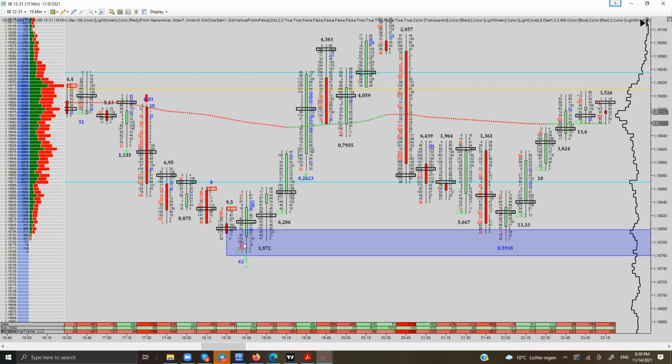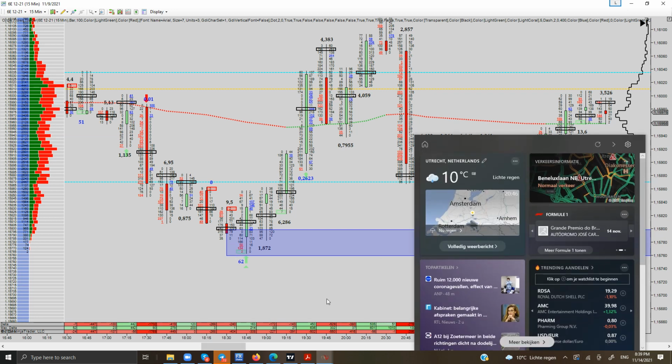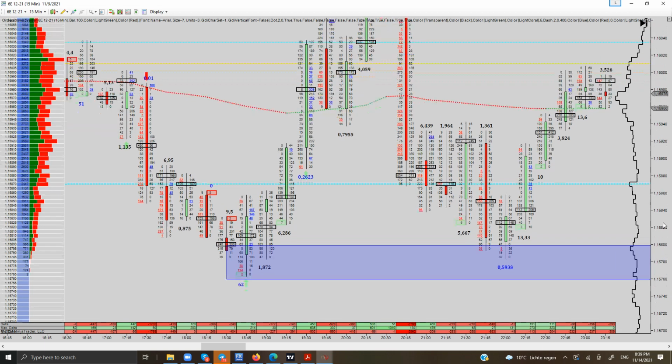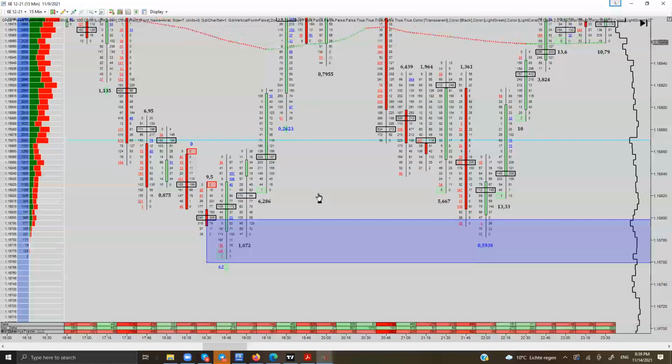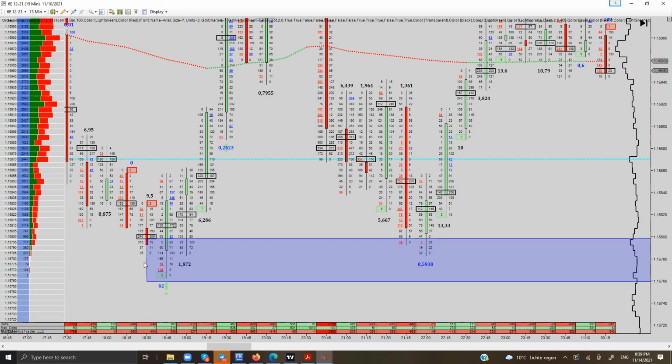Huge sellers trapped, almost 200 contracts it seems. 150 to 200 sellers got trapped here. Also we got a single print. What did we get here, let's check. Yeah, here we got almost 160 seller contracts trapped, and we got a single print.